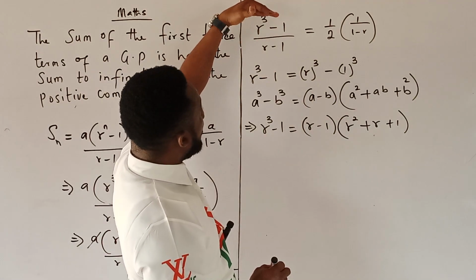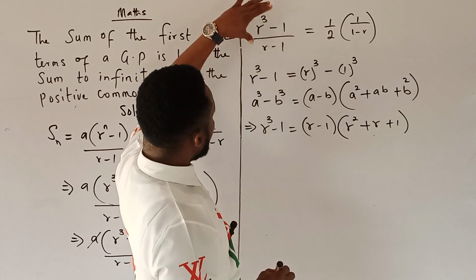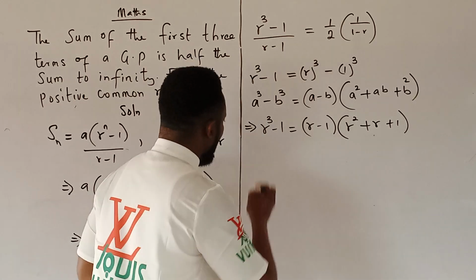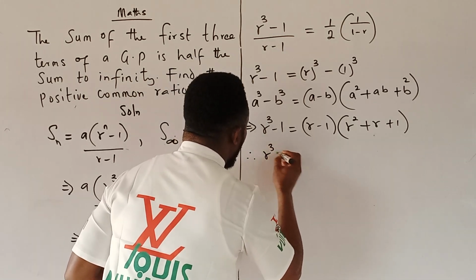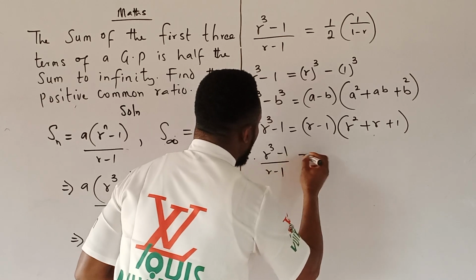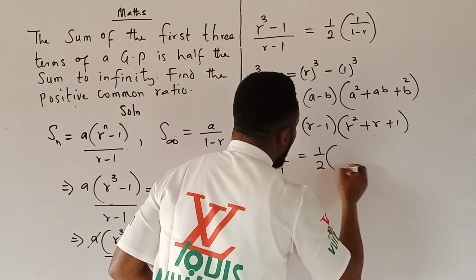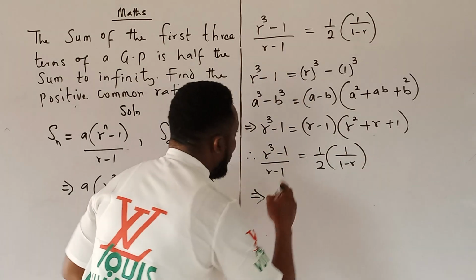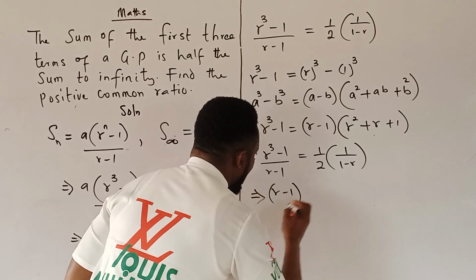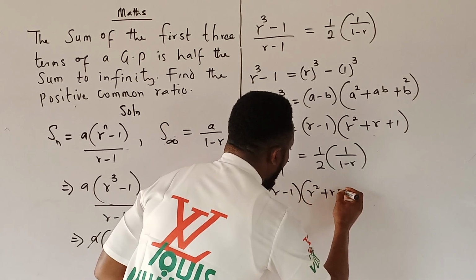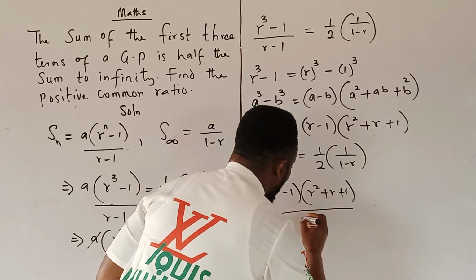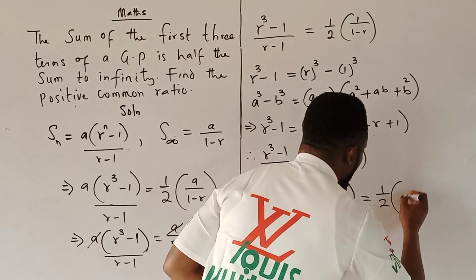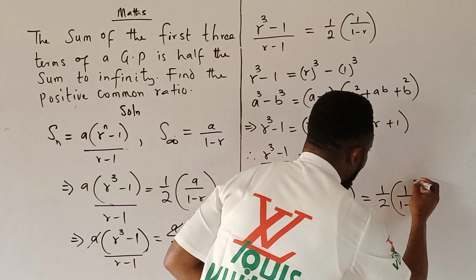So I will now go to the main expression. In place of r cubed minus 1, I will replace it with these two factors. Therefore, (r cubed minus 1) upon (r minus 1), which is equal to 1 upon 2 into 1 upon 1 minus r, will become (r minus 1)(r squared plus r plus 1) upon (r minus 1) equal to 1 upon 2 into 1 upon 1 minus r.